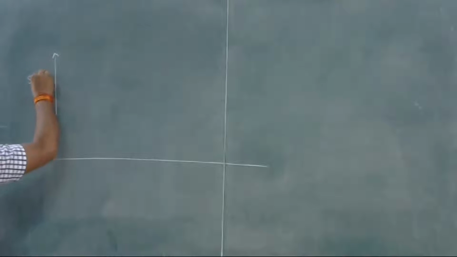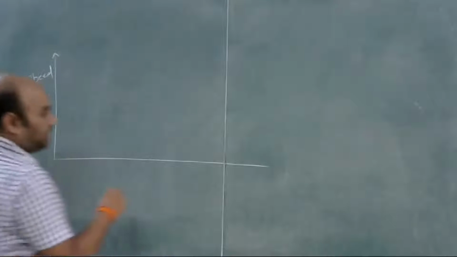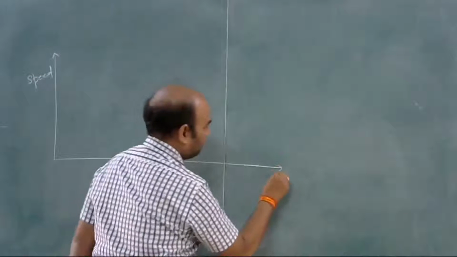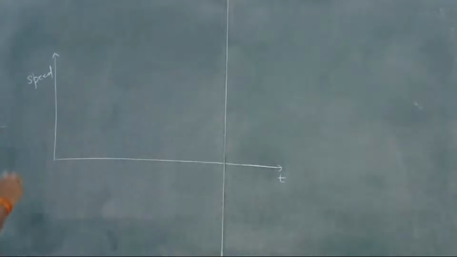So this is the curve between speed and time. Okay. So we will derive the distance traveled by the locomotive from traveling from one station to another station. Okay. So initially it is at 0.